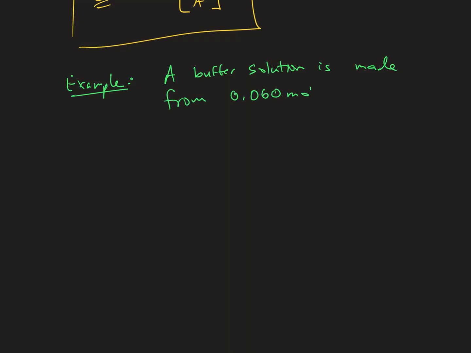0.060 moles of HCOOH, and it turns out this is the H that makes it acid. It's written on the wrong side, but that doesn't matter, it's just the structure of this compound.